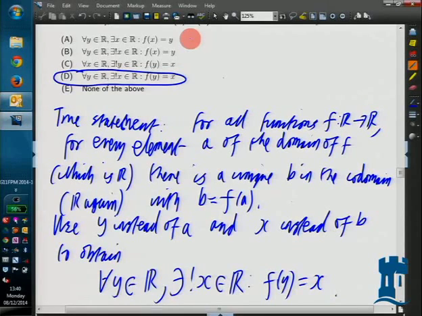It maps to everything in the codomain. So it does hit everything in the codomain. What's the name for that condition? Surjective. So this one says, assuming it is a function, that f is surjective.